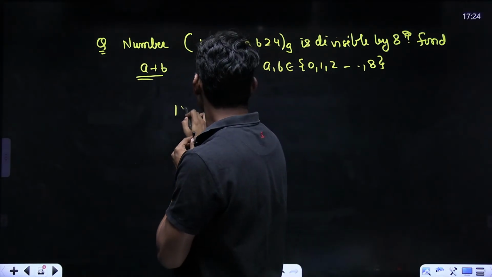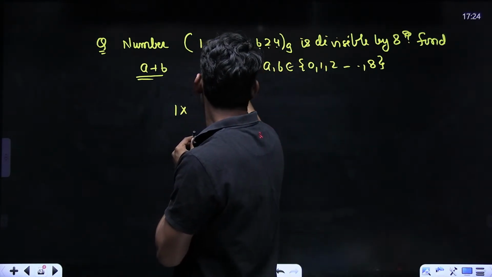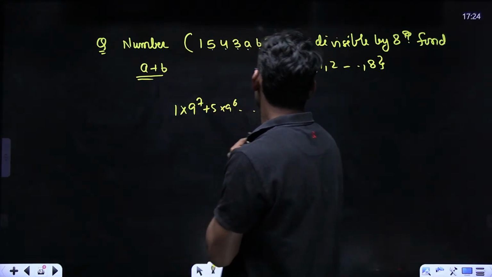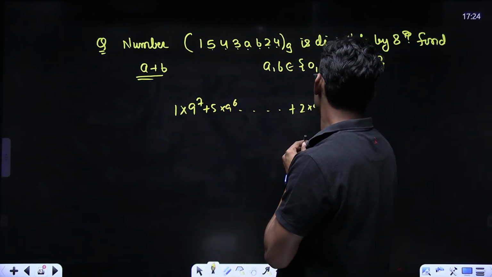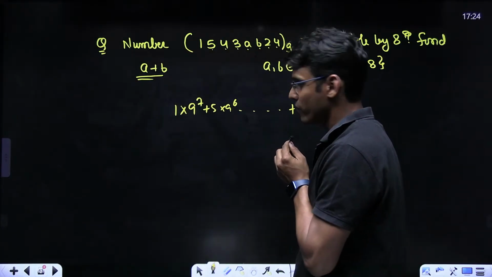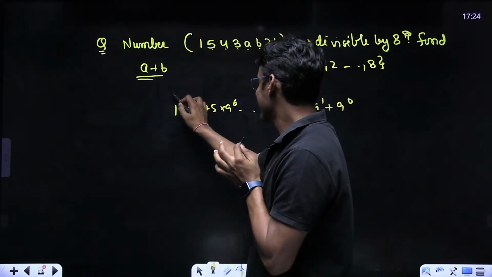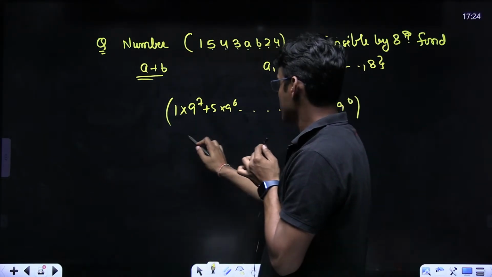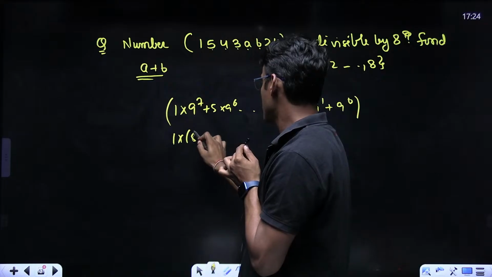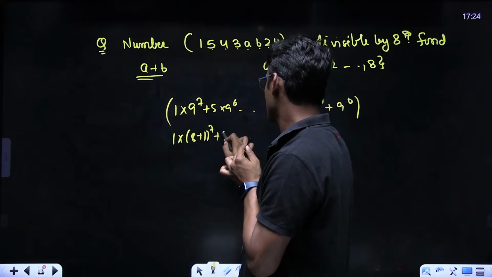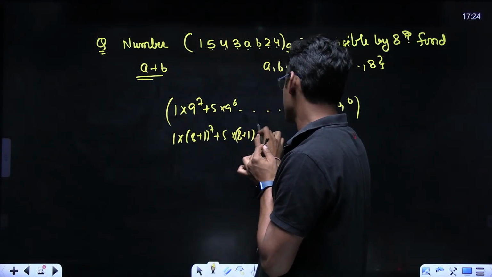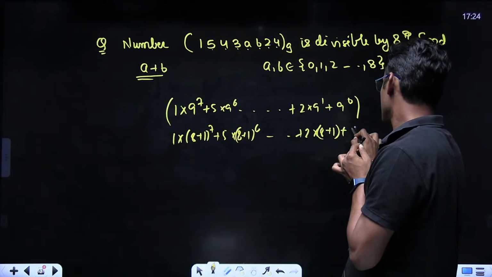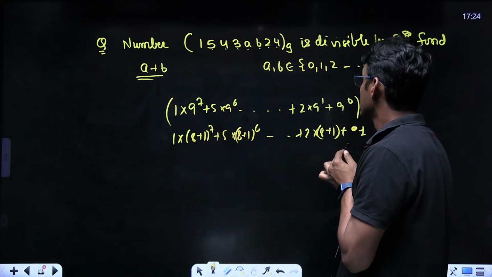This number has 8 digits. If you see properly, I can write it as 1 into 9 to the power 7, plus 5 into 9 to the power 6, and so on, plus 4.